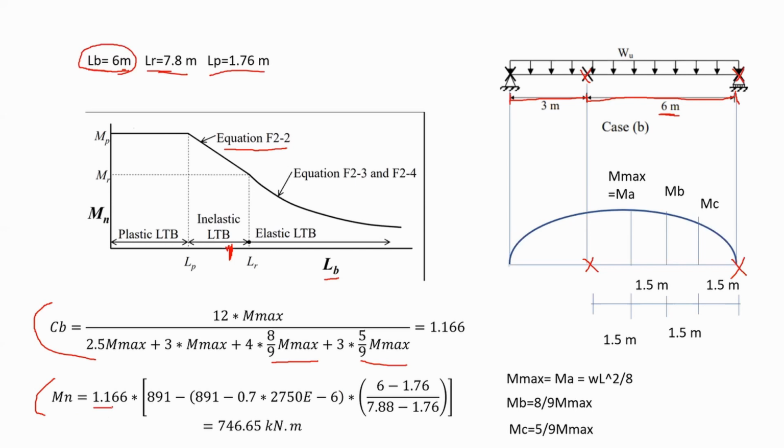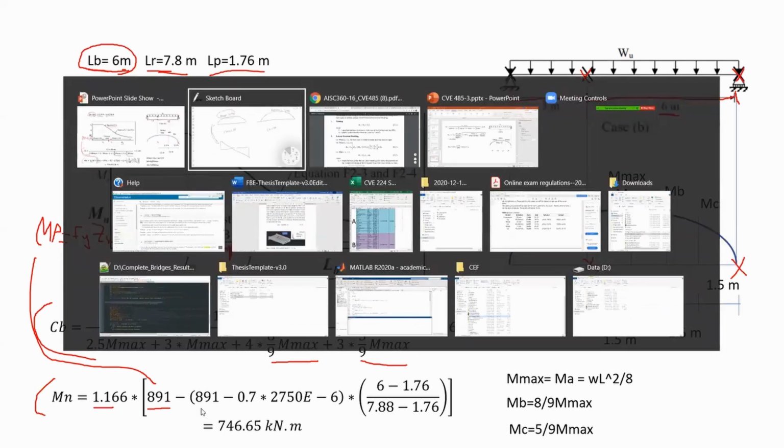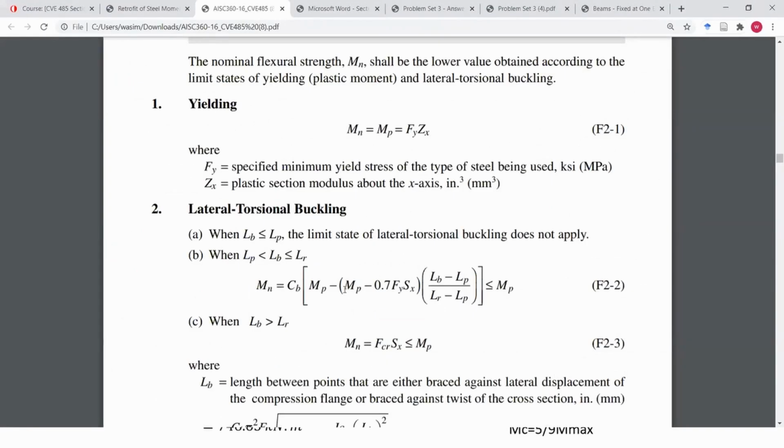So this is my CB, and in here I have the plastic moment, MP. This plastic moment is calculated previously, and of course I think I missed calculating that, but anyway, MP is equal to Fy times Zx. And again, let's compare it with the AISC. I have another MP term here. That's the term.